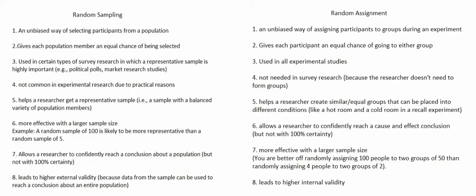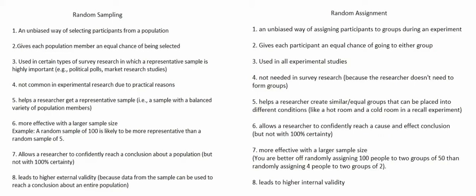To avoid that, the researcher would do his or her best to get a high-quality sample, and would use random sampling so that the researcher would have the best possible chance of getting that high-quality sample. Random assignment is done in experimental research.